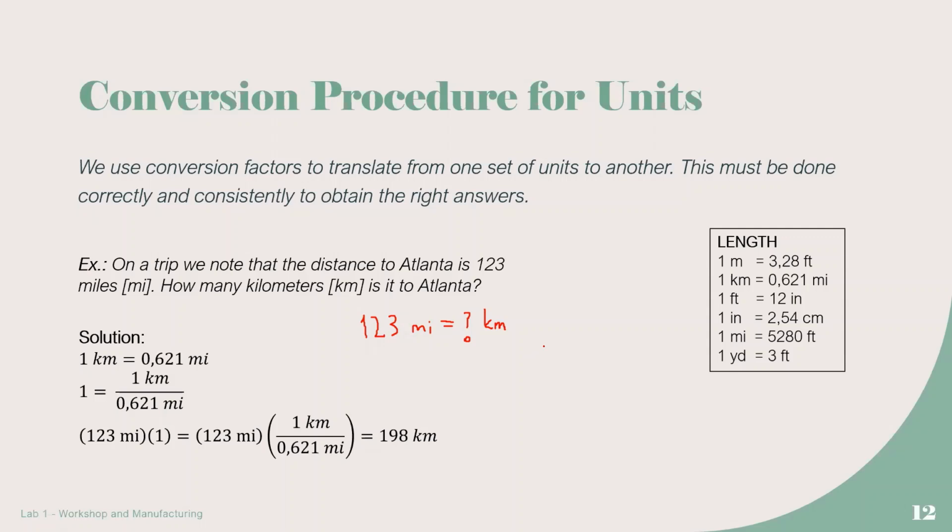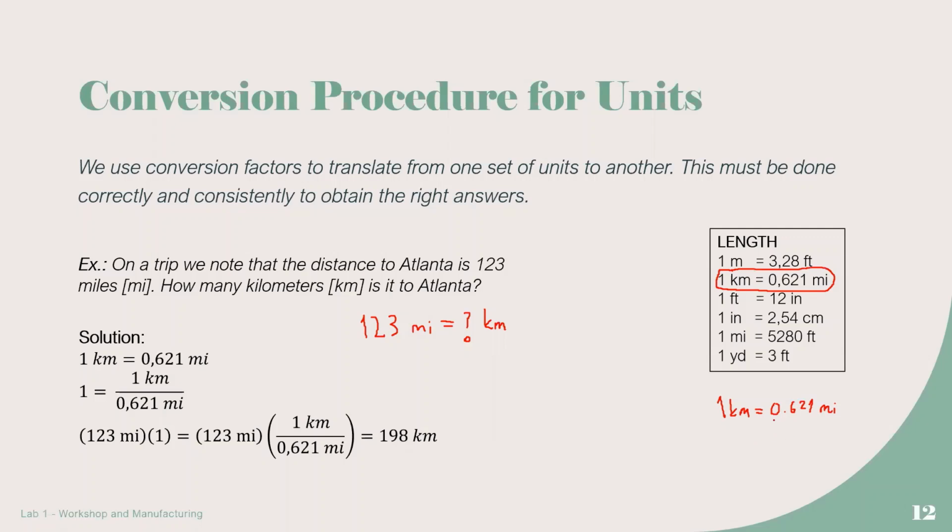So for that, what you can do is let me see the table. So here I can use this one. So I know 1 kilometer is equal to this many miles.